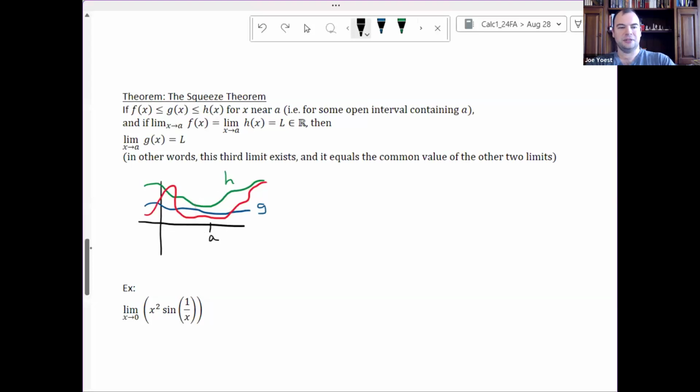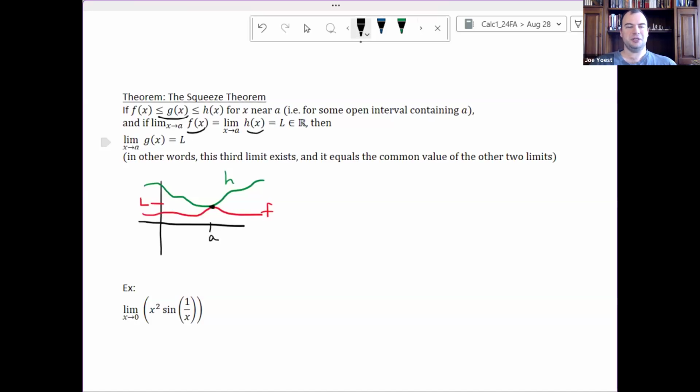If I also satisfy the criterion that the limit as x goes to a of f of x equals the limit as x goes to a of h of x, that those are equal to some limit L. So say this is f of x and this is L here, the output L. I notice that the limit as x goes to a of f of x is L, and the limit as x goes to a of h of x is L. Now remember, g is stuck between the two.